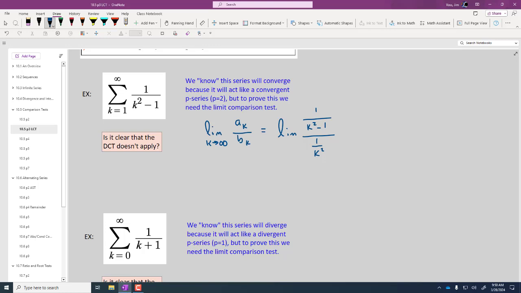The -1 is insignificant, and so we kind of just get rid of the insignificant parts of this summand. And what's left is the b sub k. So then we do our copy dot flip thing. Flip the denominator fraction. And what is that limit as k goes to infinity?